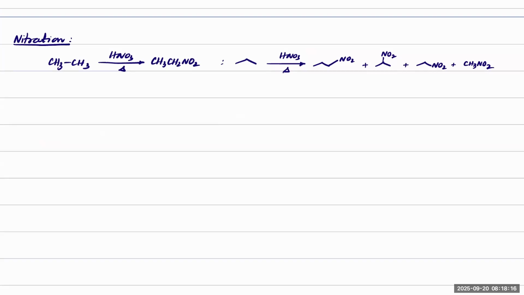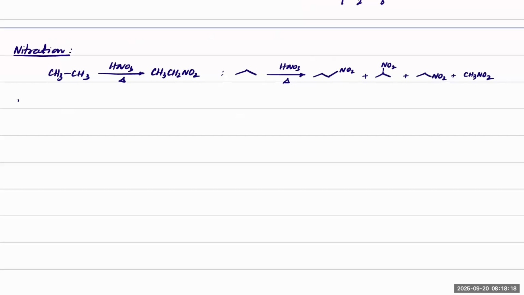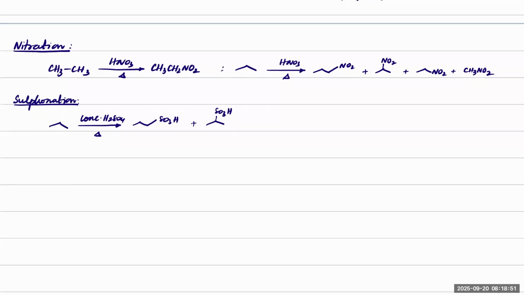But if it comes to sulfonation, with concentrated H2SO4 and heat, you will get SO3H here and SO3H here, and bond breaking does not take place. Clear? This is about sulfonation.